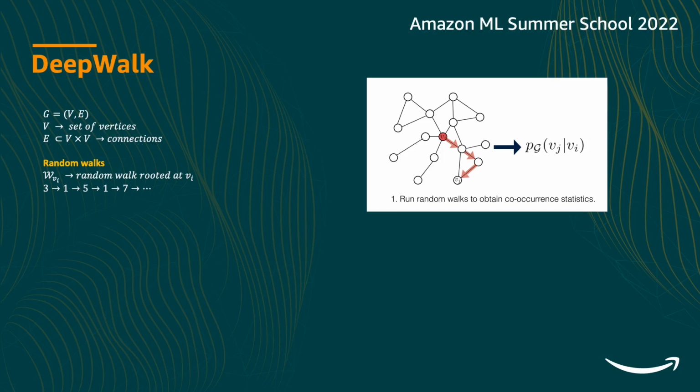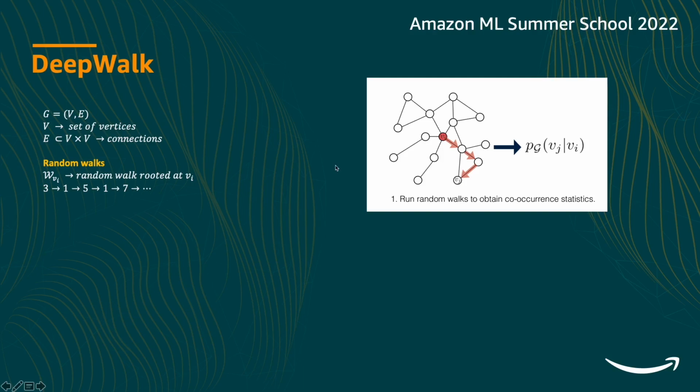So the nodes which have similar kinds of neighborhoods get similar kinds of embeddings. As an example here, the embedding for this node will capture the structure of the graph around this node.